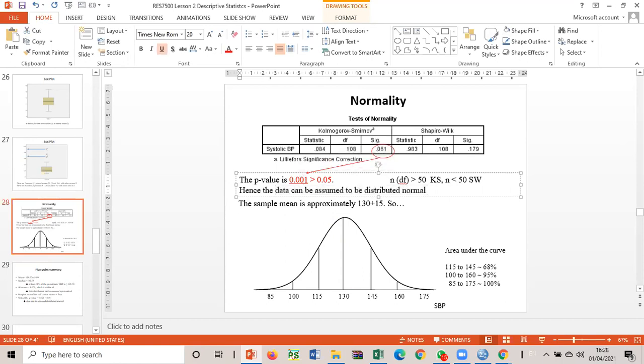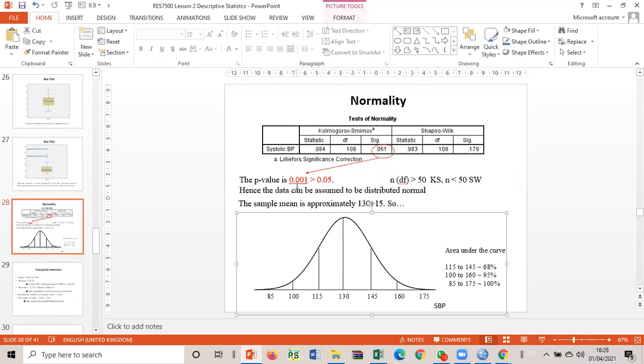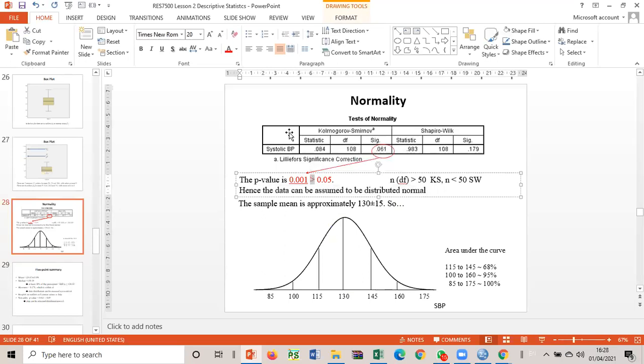What about now? Less than 0.05. Therefore, it is not normal. Less than 0.05, we say the data is not normal.